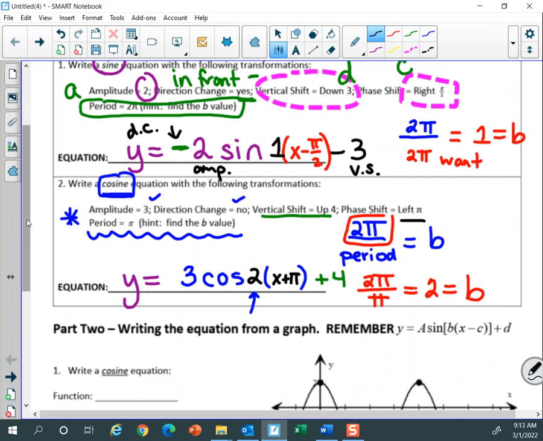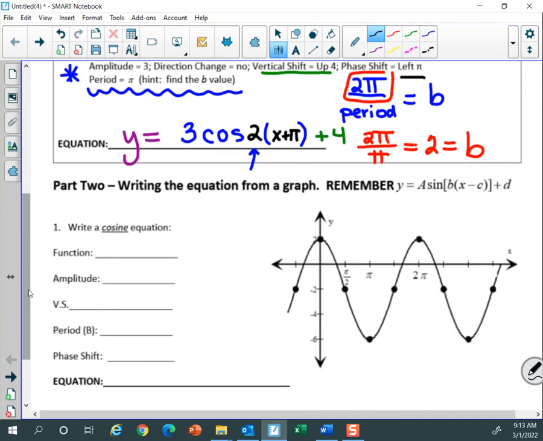So we love those problems because other than figuring out B, there's not a lot of thinking to do. Now we have thinking, because now we have to figure out from the picture where all the stuff is. Instead of me telling you, I have to decode it from the picture.